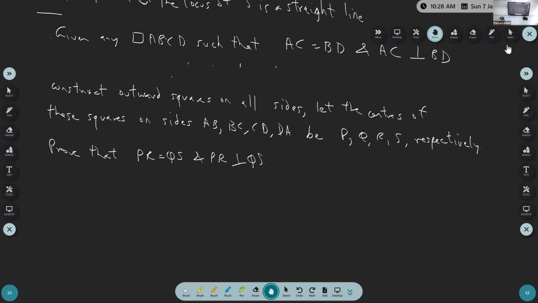Anybody who already knows this question? Anybody online? Yes, I've seen it once. Okay. So have you solved it with complex numbers or any other approach? No, pure geometry. Okay. Actually, I have not solved it with pure geometry.